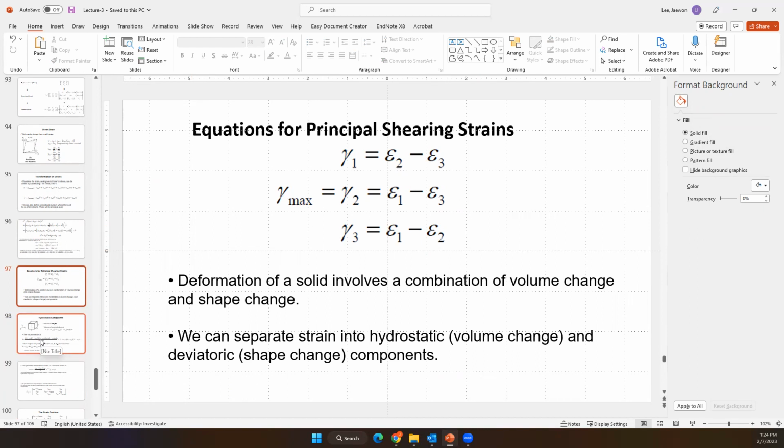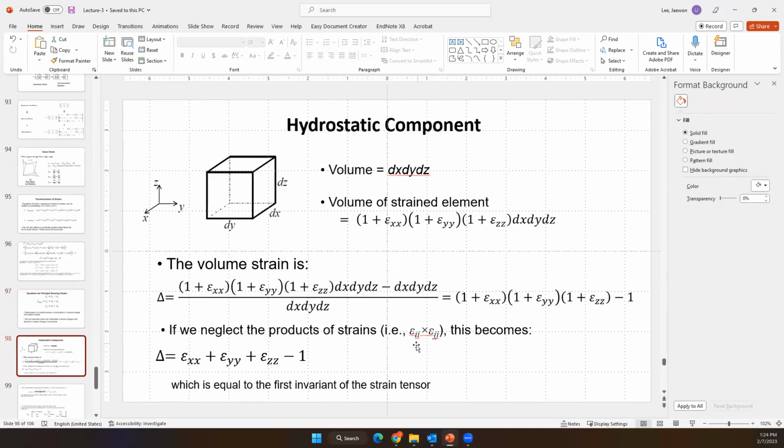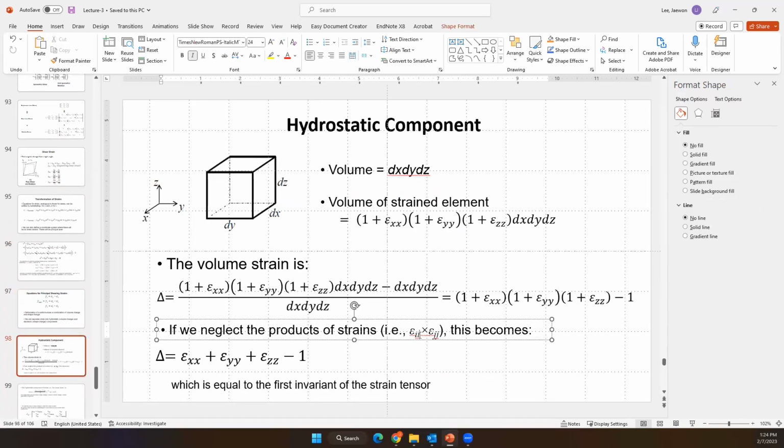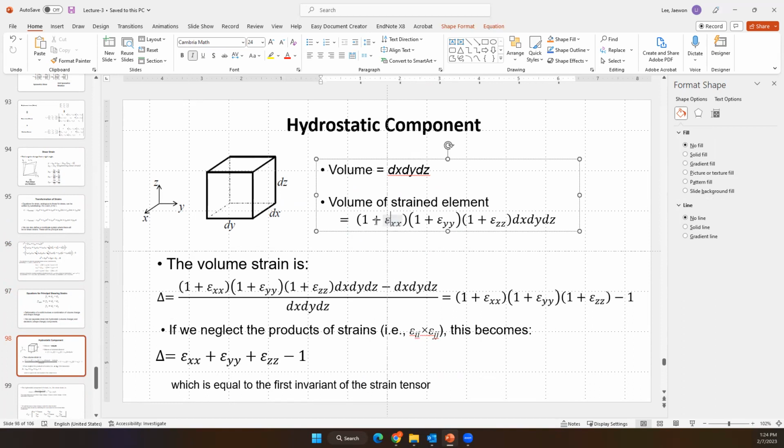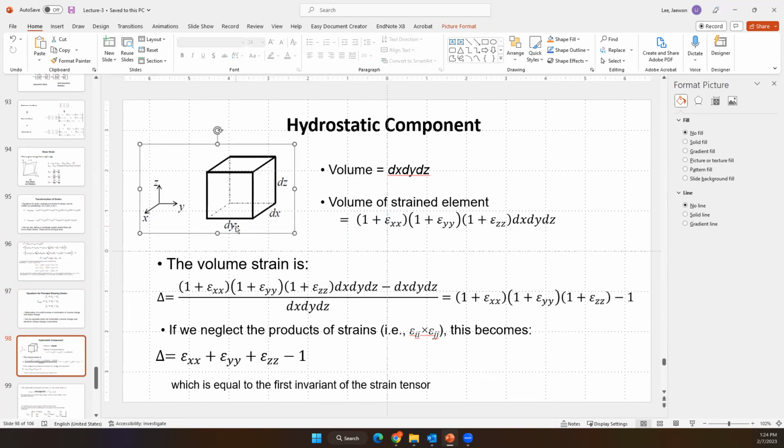Honestly, previously when I saw the problem, I assumed the volume would not be changed, and then I calculated the stress and strain. But in fact, in their system, the volume could be changed. So to consider the volume change effect, we can use this relation. Just assume the lengths of the cube are dx, dy, dz.